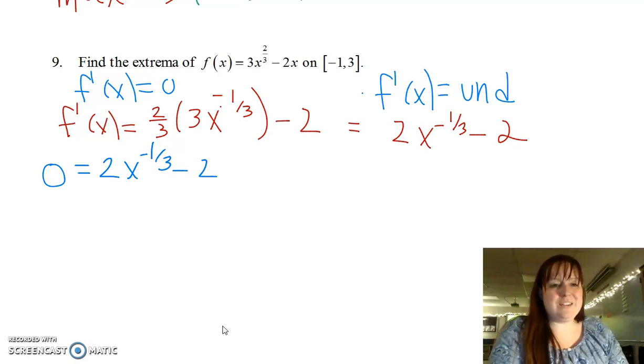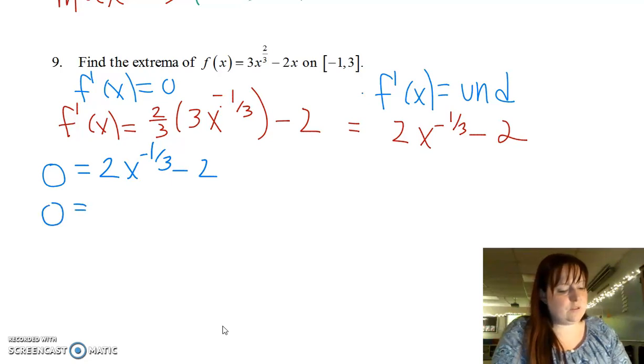And I think we're going to write it as a fraction, because I know we almost never write these as fractions, but in this case it's going to be a little easier to see. So this is really 2 over x to the 1/3, minus 2. So where is this equal to 0?